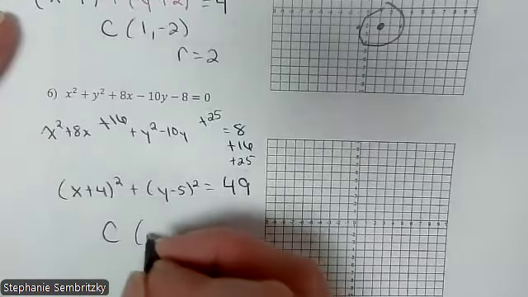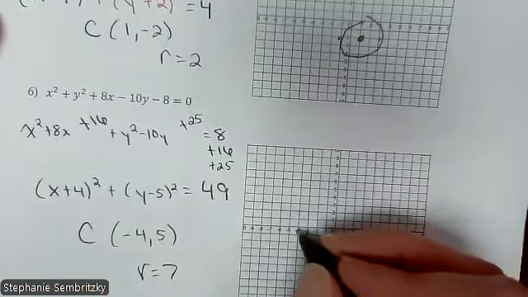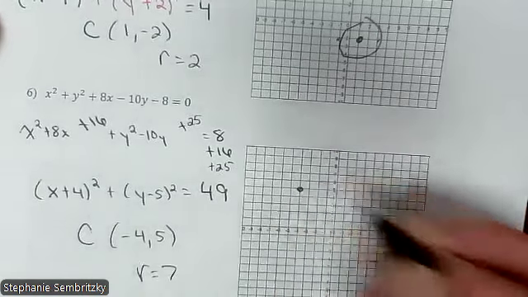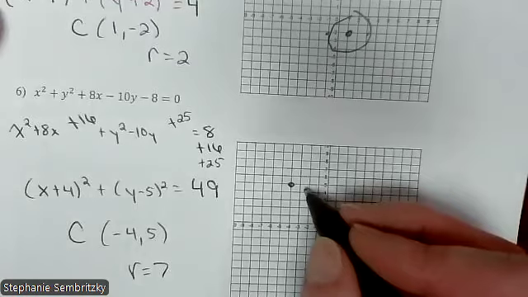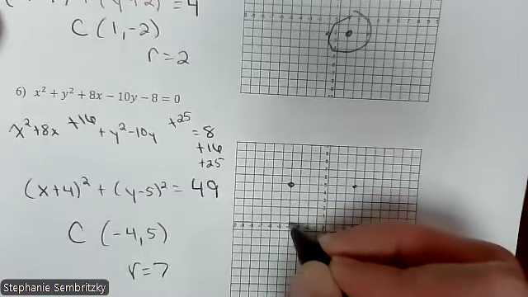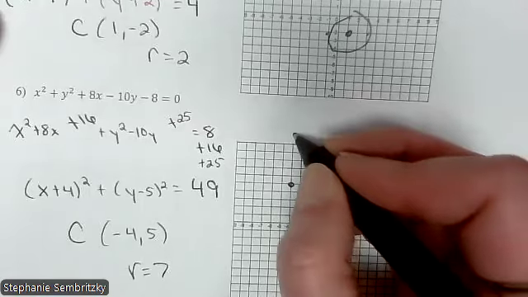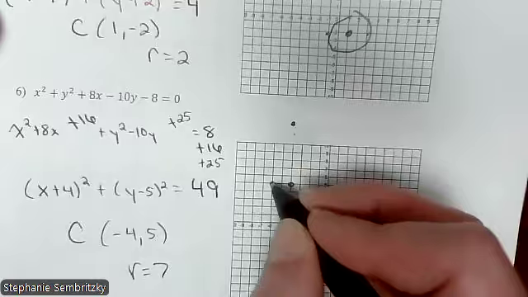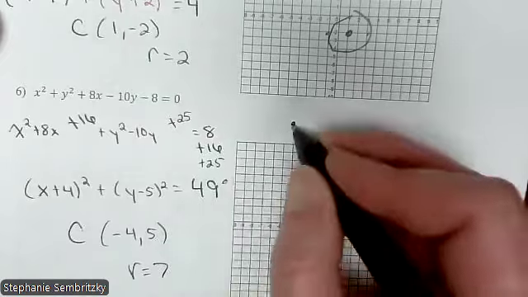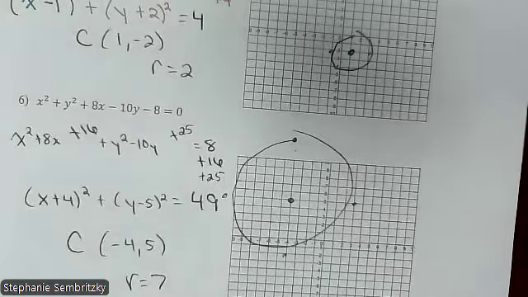The center would be at negative 4, 5, and the radius would be 7. So when we're plotting the points, we'll find our center and then count out 1, 2, 3, 4, 5, 6, 7 in each direction, and connect the dots. And that's how we do a circle.